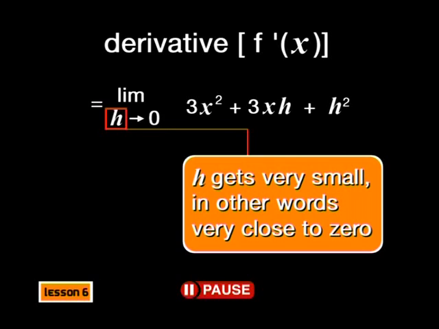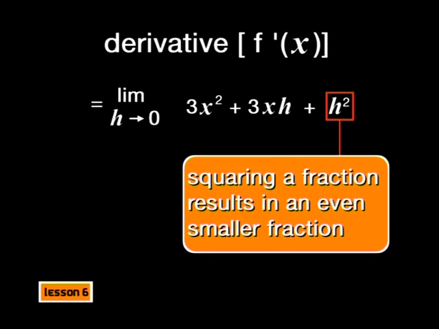What will happen as h gets very small? In other words, very close to 0, but not 0. Right. Well, h squared will get very, very small, much smaller than h itself, since squaring a fraction results in an even smaller fraction.